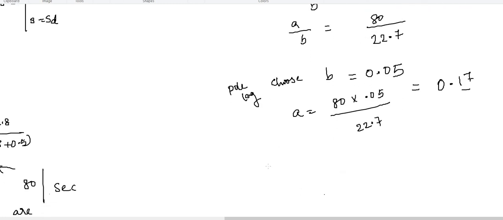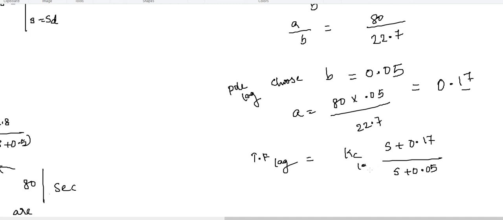Now we can write the transfer function of the lag section as Kc into s plus 0.17 divided by s plus 0.05. This Kc is the gain of the lag section. If you remember the transfer function of the lag lead section, alpha into beta should be equal to 1.